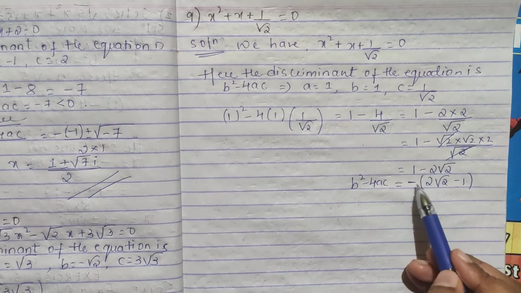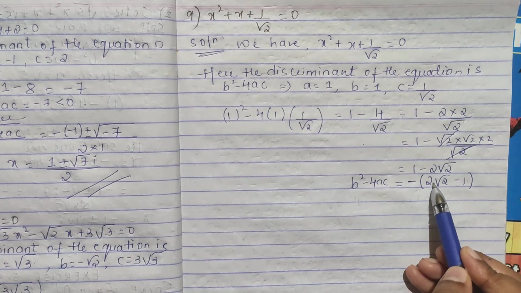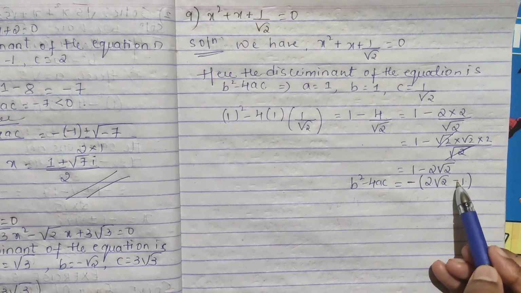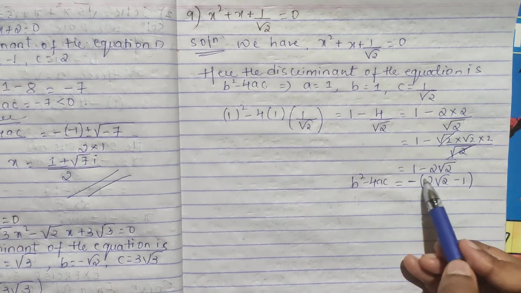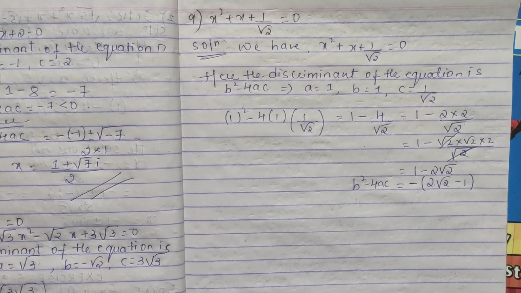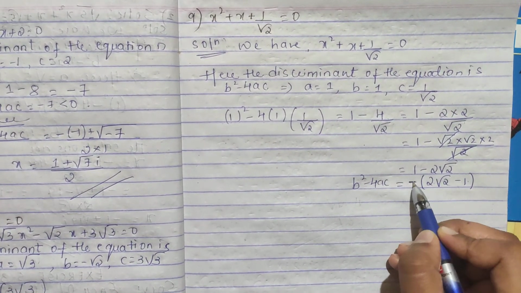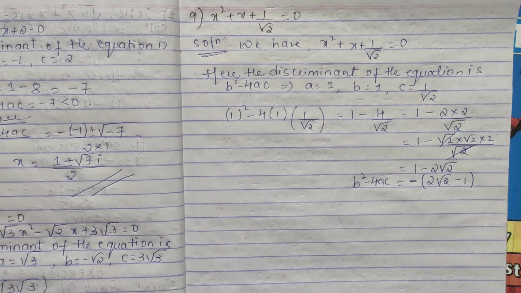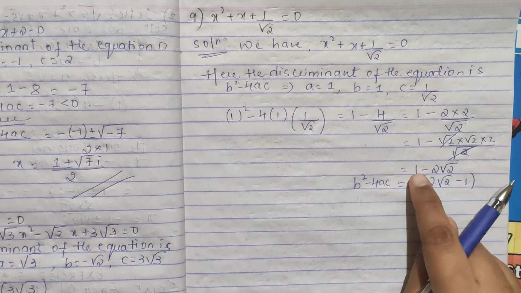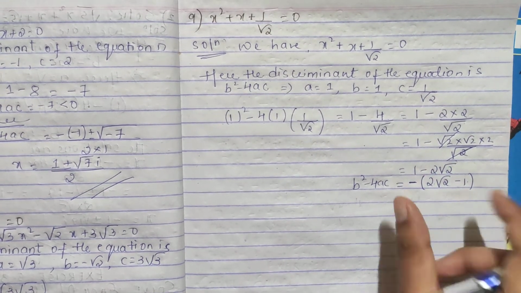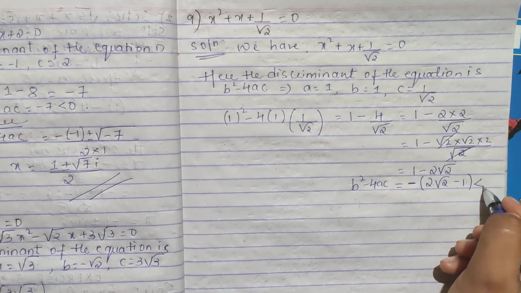If I take minus here, minus 2 root 2, minus into minus gives plus 1. So plus 1 only, I will get the same answer. I can do it like this because the first term I am keeping positive only, so I am taking the minus sign outside. If you do anything, your 1 minus 2 root 2, you can't separate it, right? So like this we are writing, so that you understand this is negative.